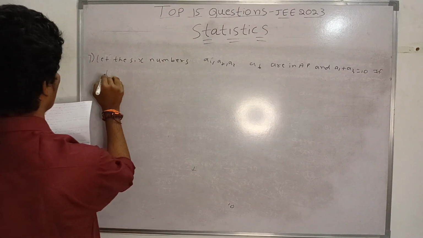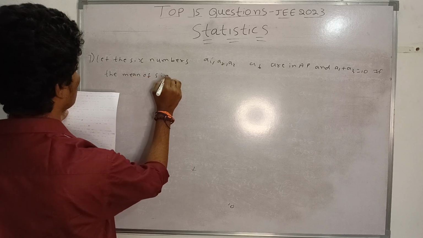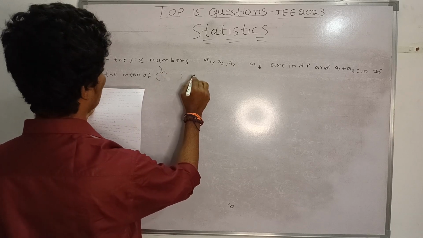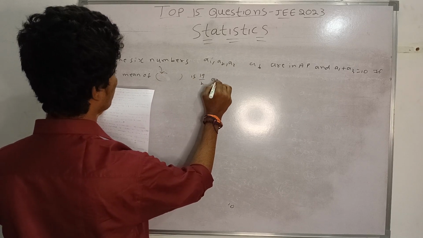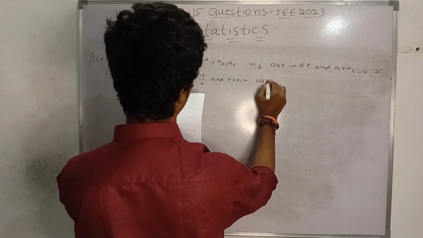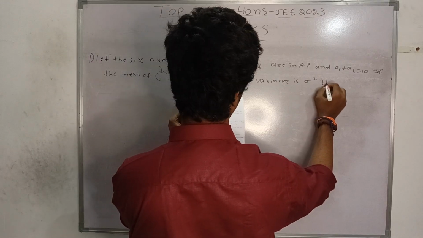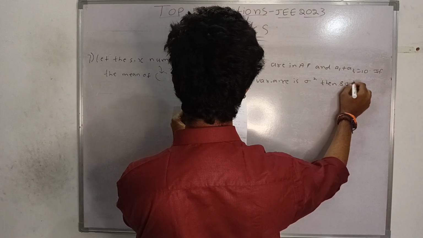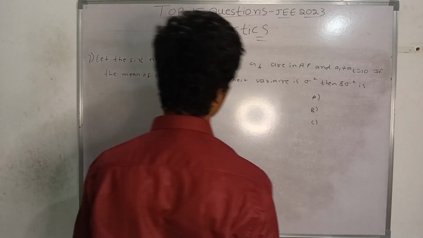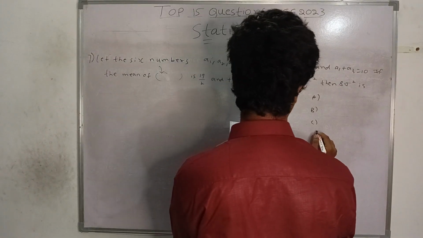If the mean of these 6 numbers is 19/2 and their variance is sigma square, then 8 sigma square is option A, option B, option C. Basically we have to find the variance here. Variance is sigma square. We have to find 8 sigma square.